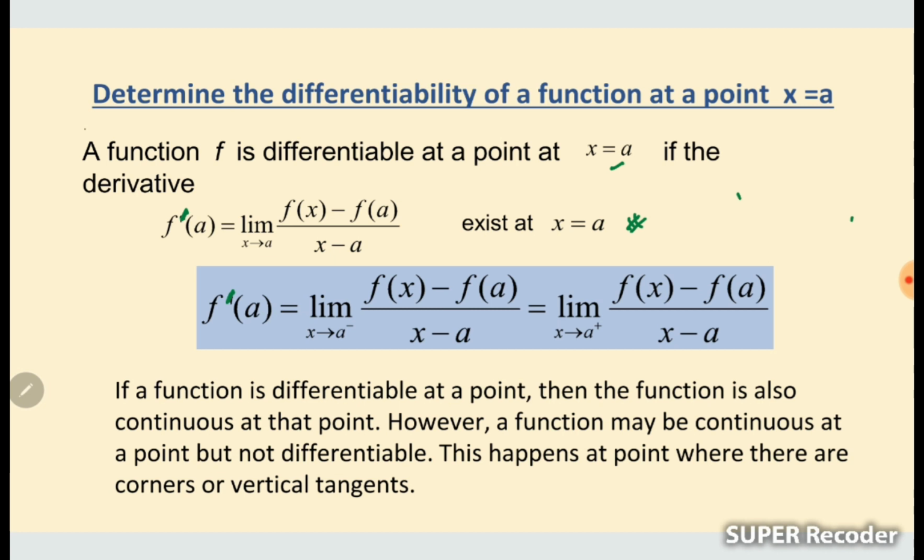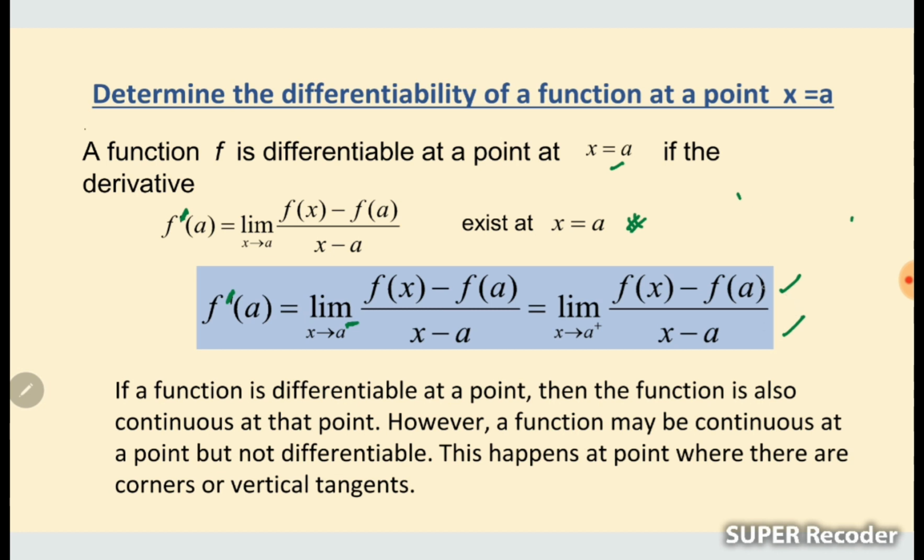Therefore, the limit when x approaches a from the left of (f(x) minus f(a)) over (x minus a) must equal the limit when x approaches a from the right of (f(x) minus f(a)) over (x minus a).